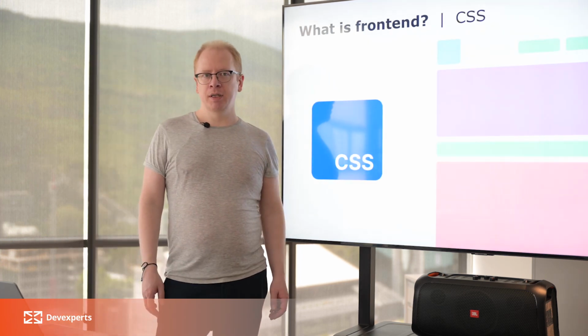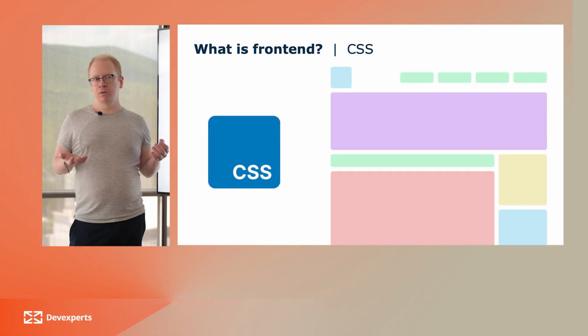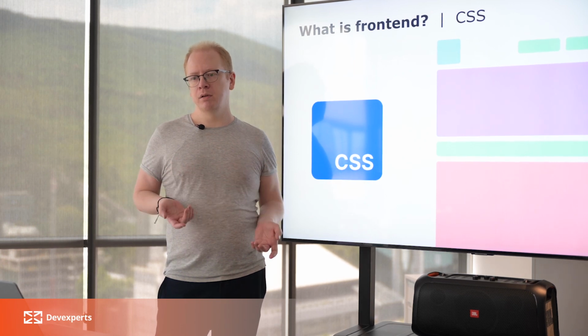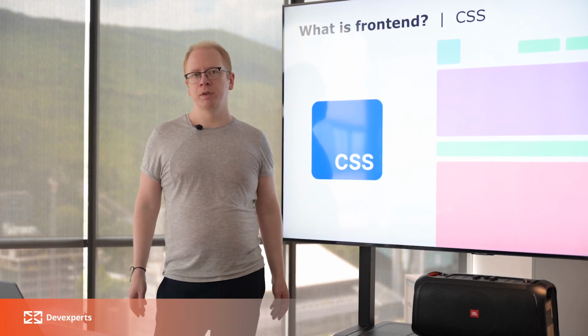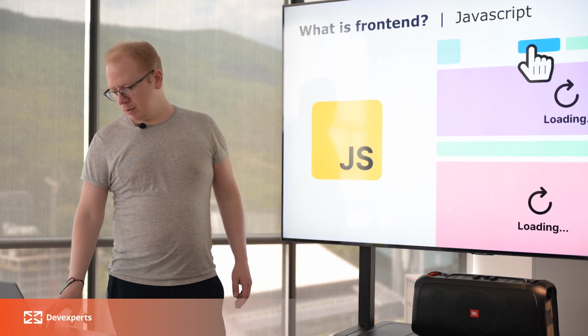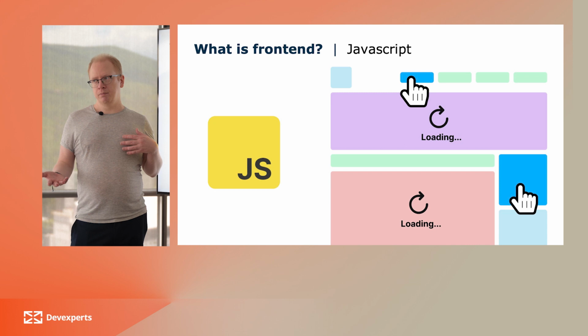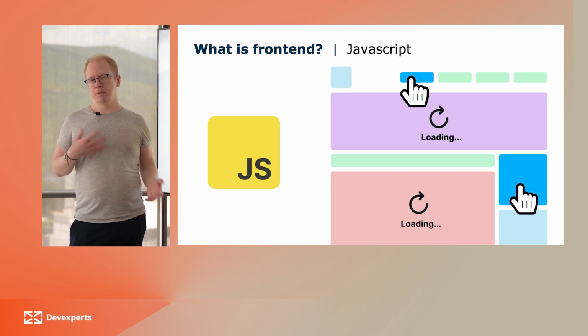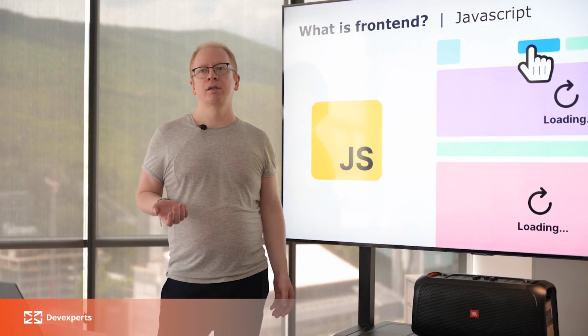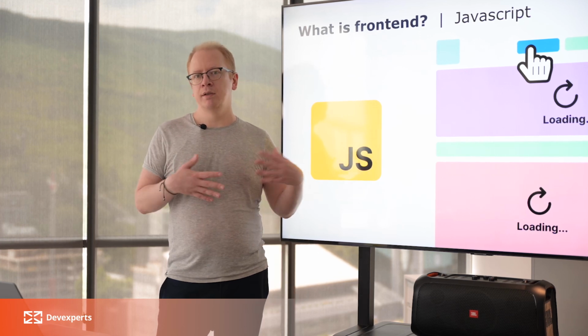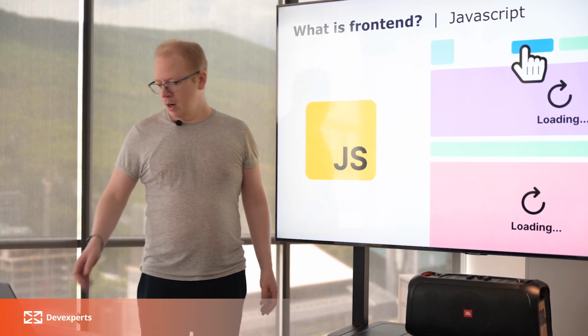CSS is about styling, so all your colors, all your sizings, all your fonts go into CSS, and this is where you describe how it should look. And JavaScript is about making HTML and CSS interactive. So when a user clicks something, something happens, or a series of events happen.